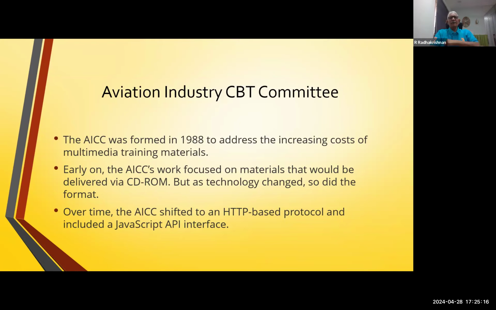Suppose I have to develop learning management content for a training program, let us say digital transformation. I develop contents and purchase a learning management system. These contents need to be ported onto the learning management system, and the system should be able to talk to these contents.